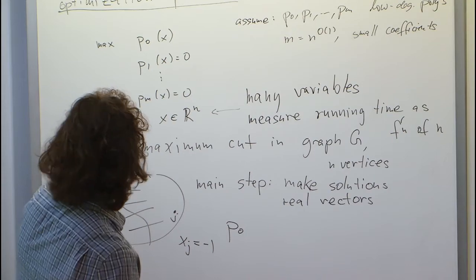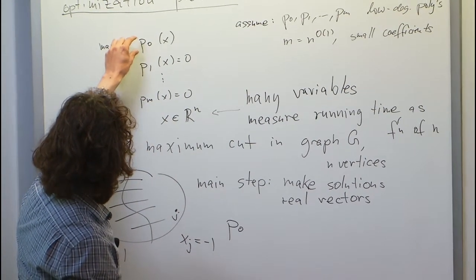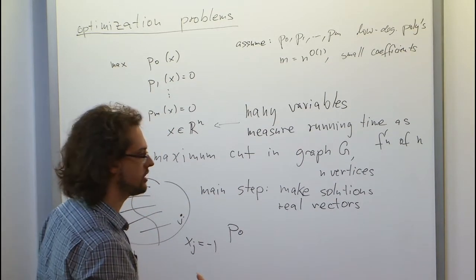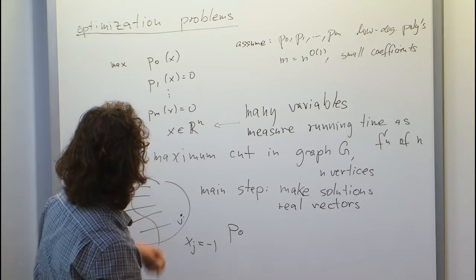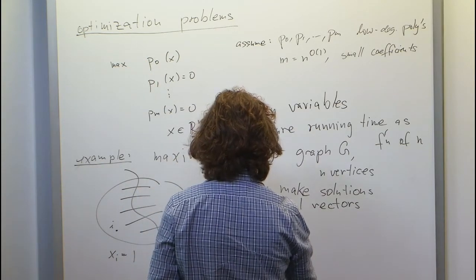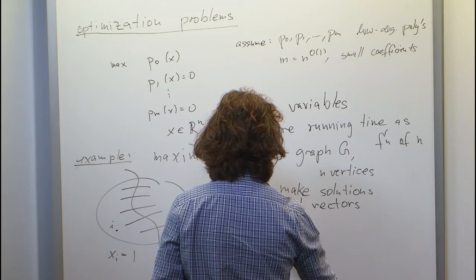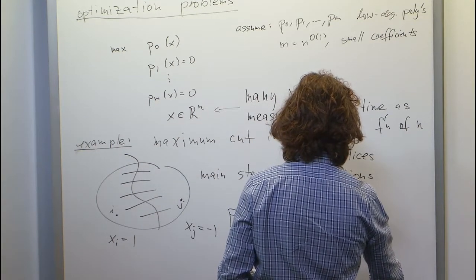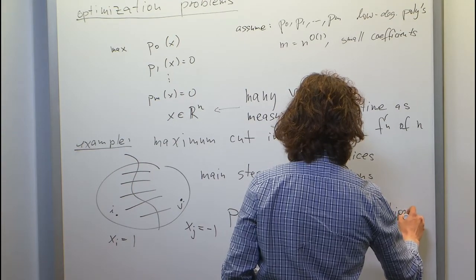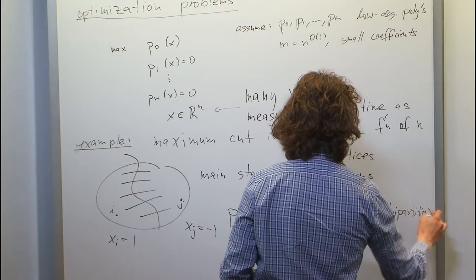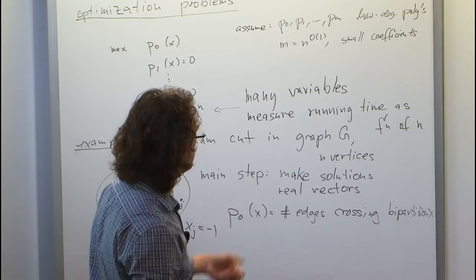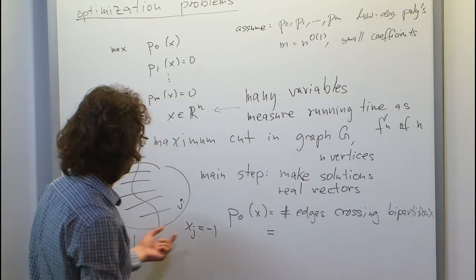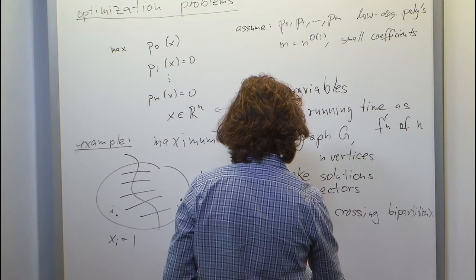Then we want to express the condition that we want to maximize the number of edges that the bipartition cuts in terms of some function P0. So P0 of x should be the number of edges that cross the bipartition x, and you can interpolate this function as a polynomial in these variables.